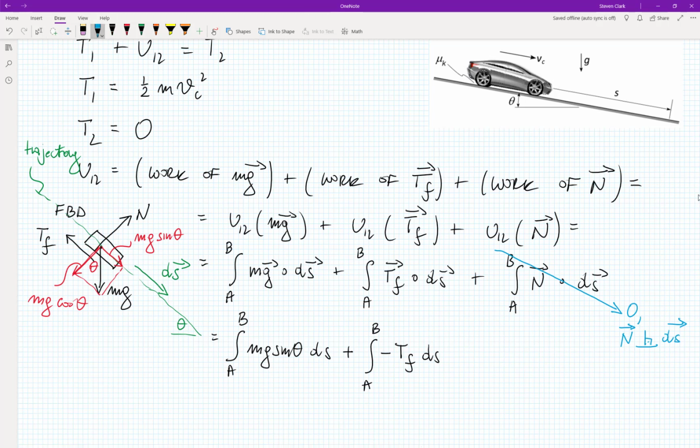So I think that we have kinetic friction case in our system. Kinetic friction. So TF is equal to mu k N. So that means that TF is equal to mu k mg cosine theta.